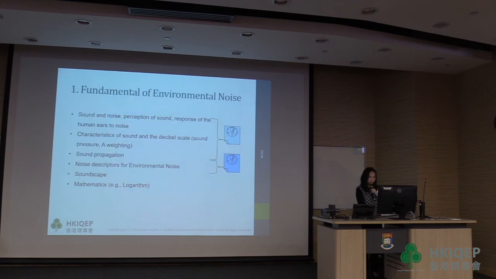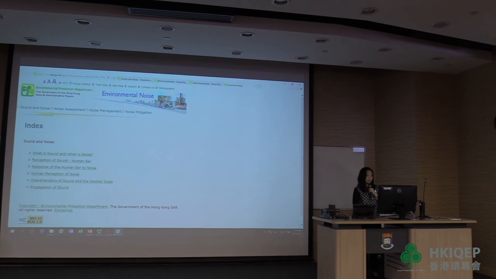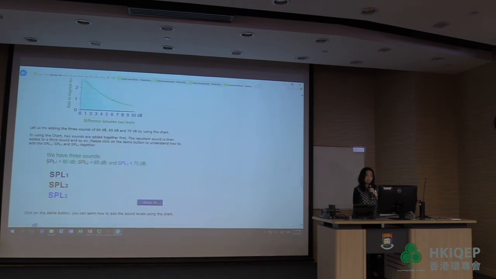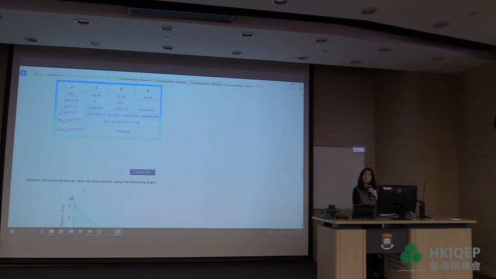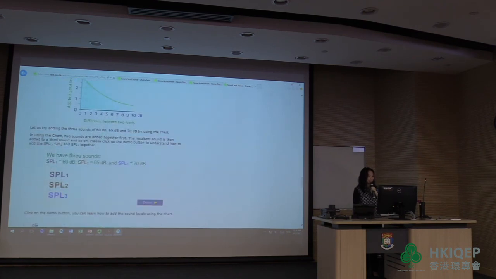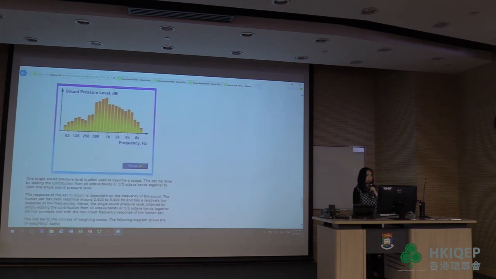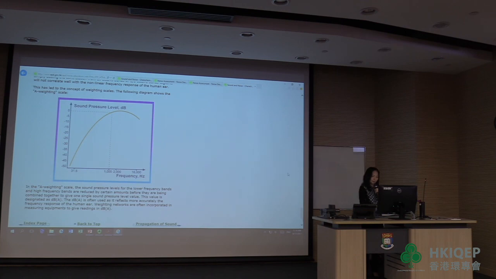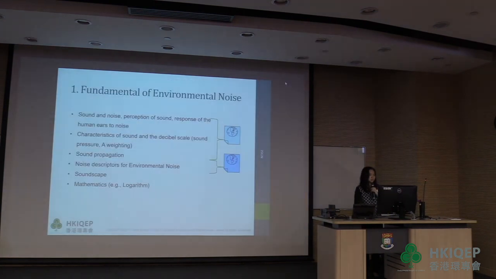As I mentioned before, we would expect you to understand what frequency is, what A-weighting is, and the addition of sound levels using logarithmic addition. Okay, this is the A-weighting, which is commonly used when we want to assess noise levels for human perception.